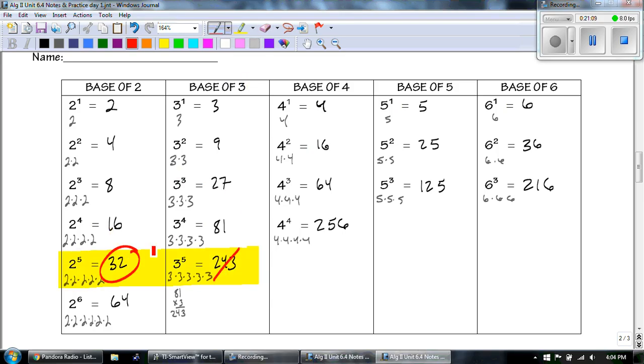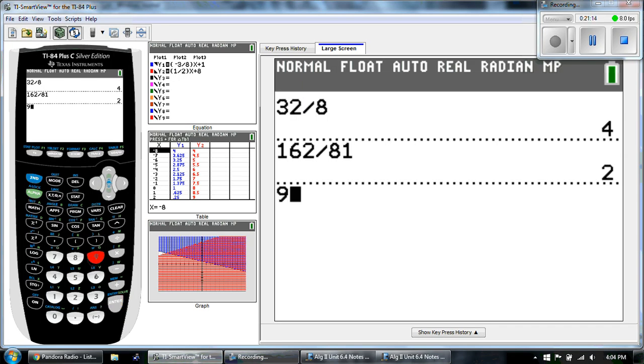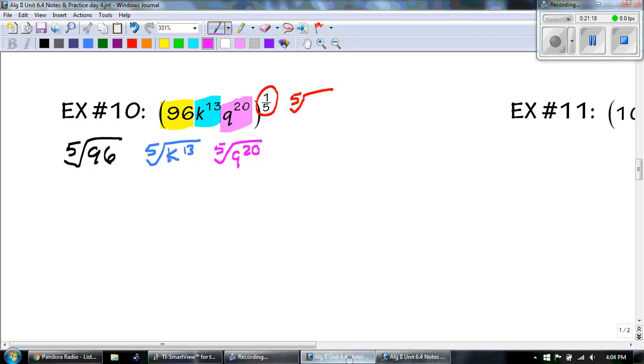243 doesn't go into it, so 32 better. We're going to take 96 divided by 32, and we get 3. Perfect. So this breaks down to 32 and 3.